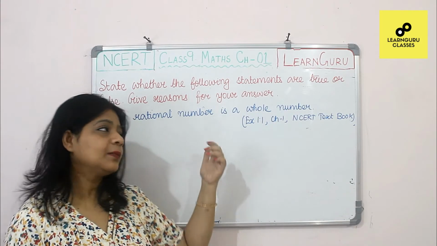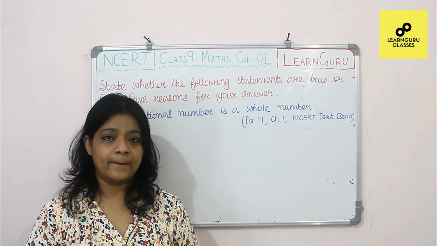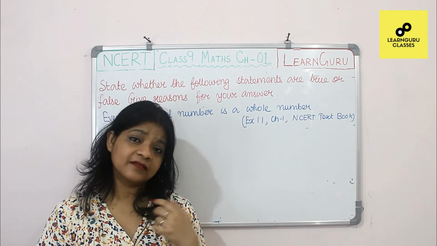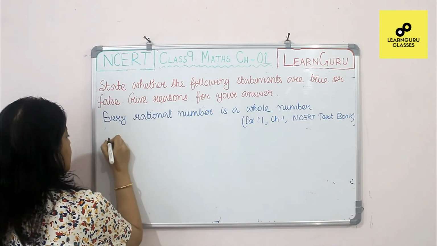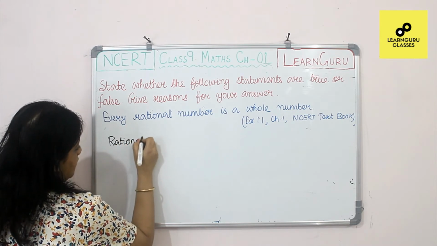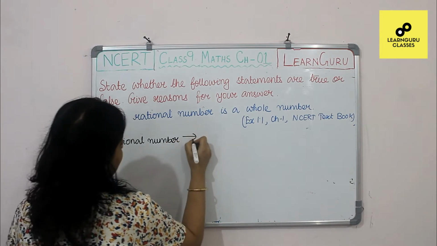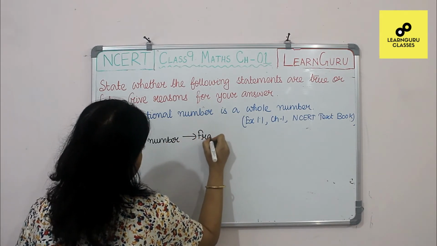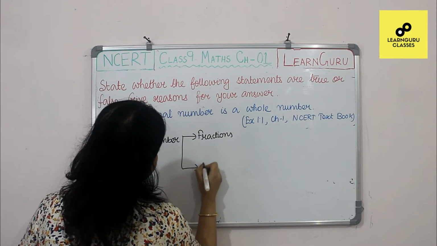The last statement is every rational number is a whole number. So let's again classify rational numbers. Rational number is divided into fractions and integers.